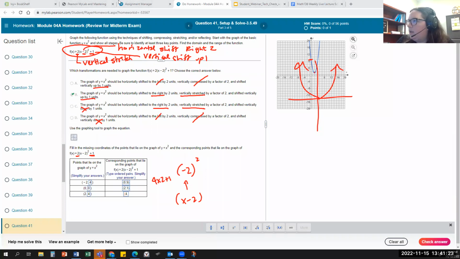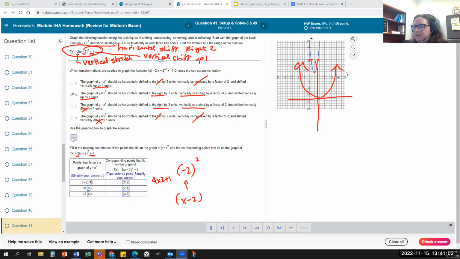And then (4, 9) again, because we're still taking 4 times 2 plus 1, and you see that point on the graph. So you're just looking at what those transformations do in general. We say it shifts the graph to the right 2 units, vertically stretched, vertically shifted. What does that actually do to the ordered pairs?